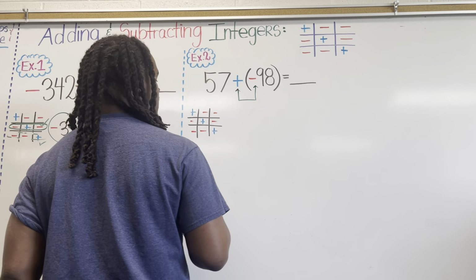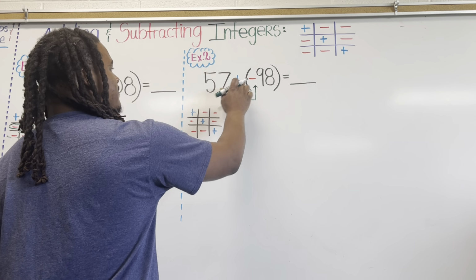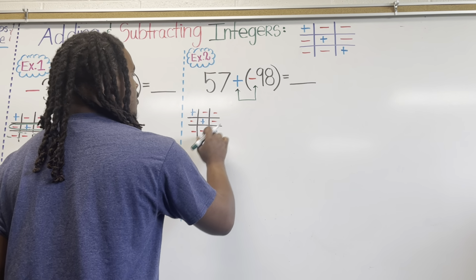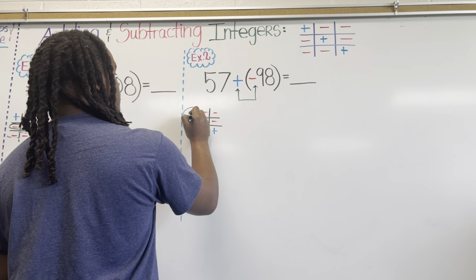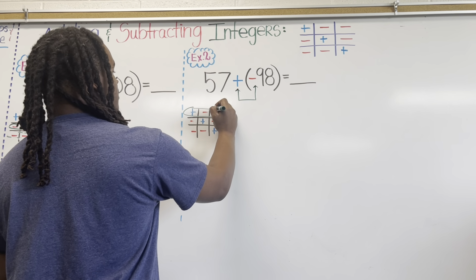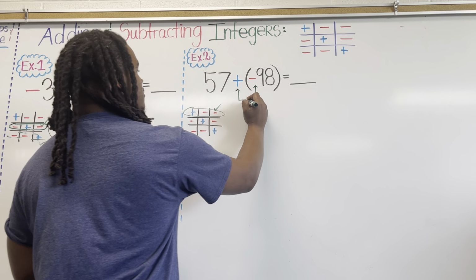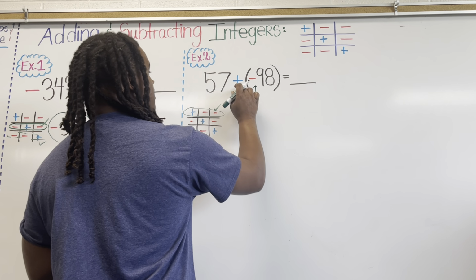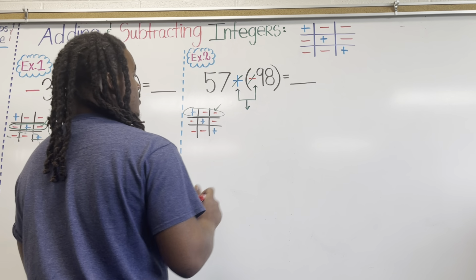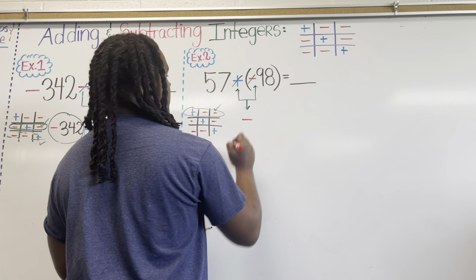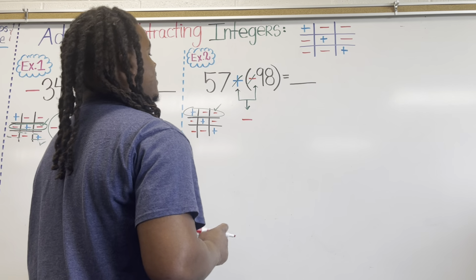So I've gotta figure out a negative and a positive. If I play tic-tac-toe, what would it come out with? A positive and a negative equals a negative. So in this particular case, guys, this positive sign and this negative sign are both going to cancel out, and it's just going to turn into a negative sign or a subtraction sign.